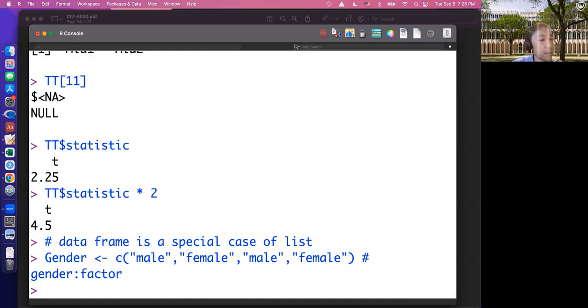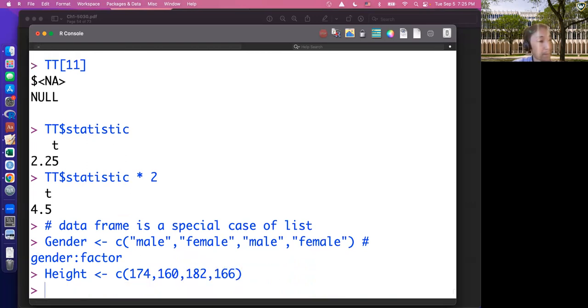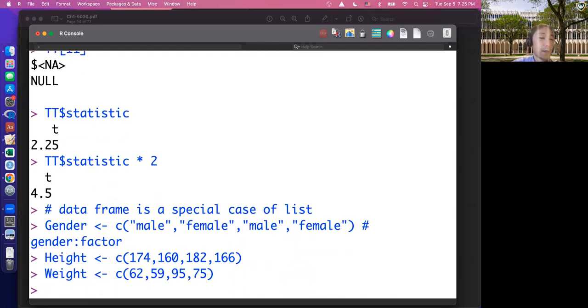And the second object is height. Height is maybe in centimeters. This is a numeric vector. And the weight of these four people. Then we can declare the data frame.